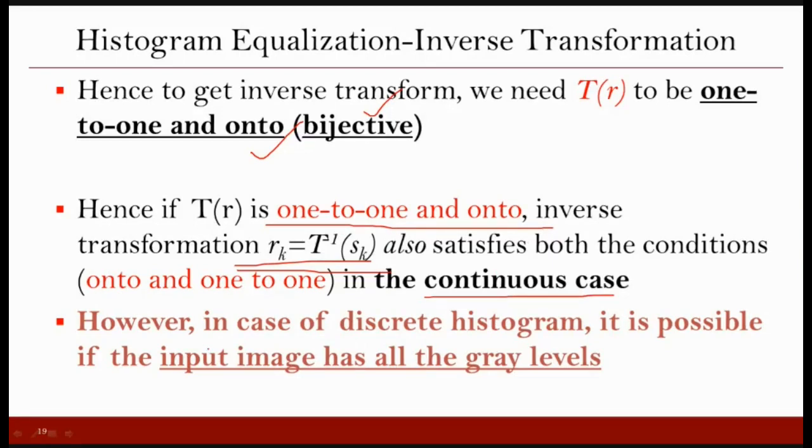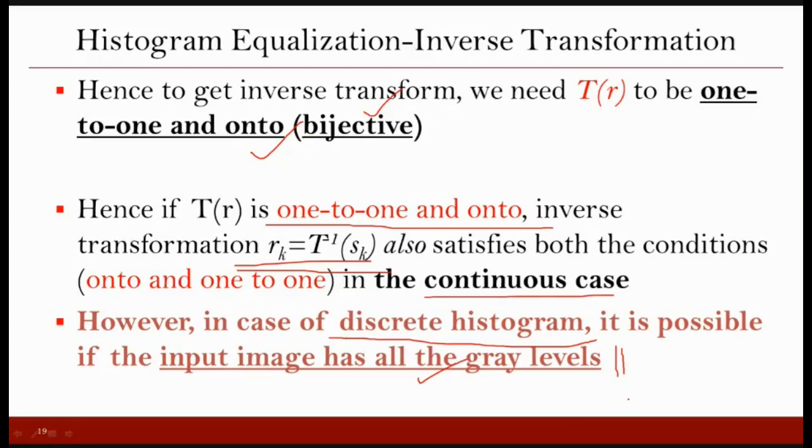But when we are talking about the discrete case, a discrete histogram, the inverse mapping is only possible if the input image has all the gray levels. This is the practical requirement, you can say, when we are talking about images, which are discrete functions.